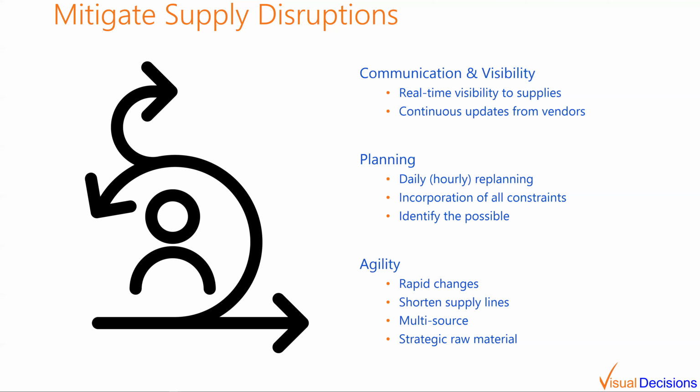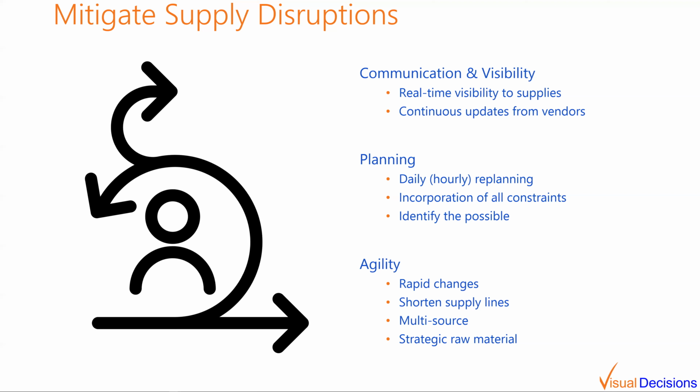And then from an agility point of view, again, being able to do rapid changes. Can't emphasize that enough. So being able to build what can be built that is in demand, and what you have materials for is going to be critical. Being able to shorten those supply lines. Think about it from kind of a military campaign perspective, where you've got to protect your lines of supply in order to win the battles and so forth.